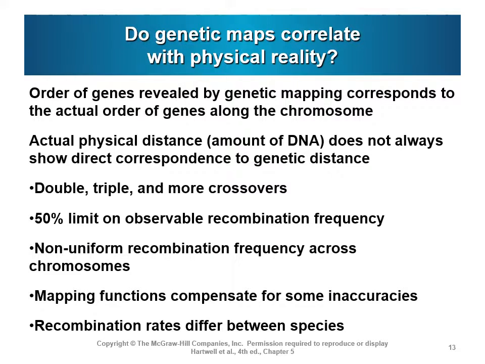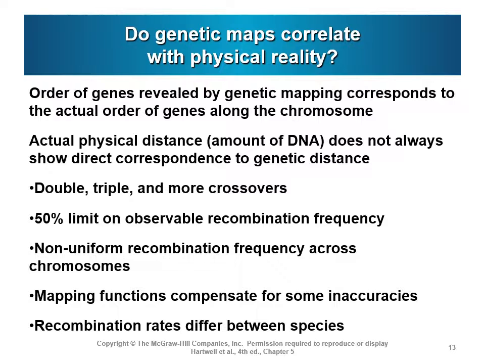So what do you think? Does the genetic map correlate with physical reality? I think the answer is pretty straightforward. The order of genes revealed by genetic mapping corresponds to the actual order of genes along the chromosomes. However, the actual physical distance does not always correspond directly to genetic distance, and there are multiple reasons why that's the case. One of them is double, triple, and more crossovers.